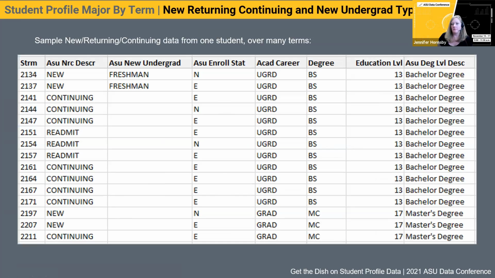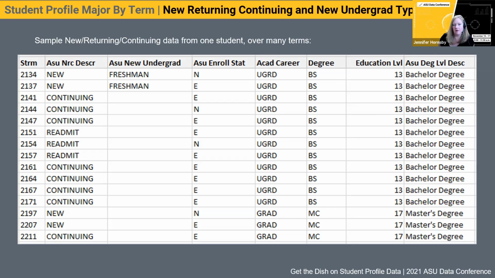And this is an example of a single student over several years showing that they would have been a new freshman in the summer of 2013 if they had enrolled. Whether they enrolled or not, they didn't enroll, and it wouldn't have mattered because it was summer. In the fall of 2013, they were new freshmen and they did enroll. So in the spring of 2014, they were continuing.